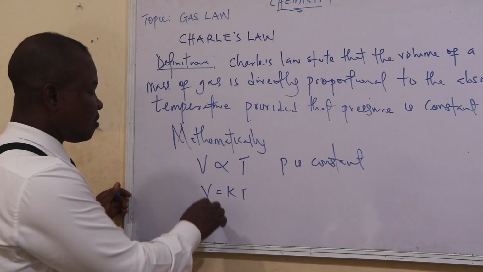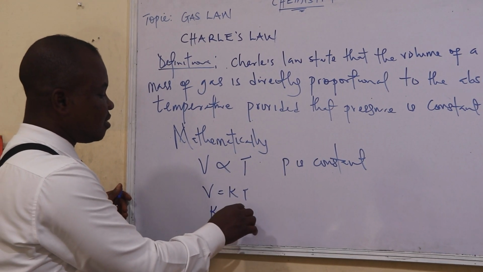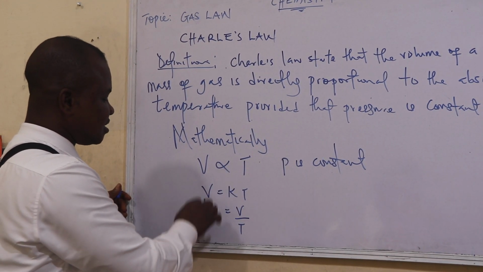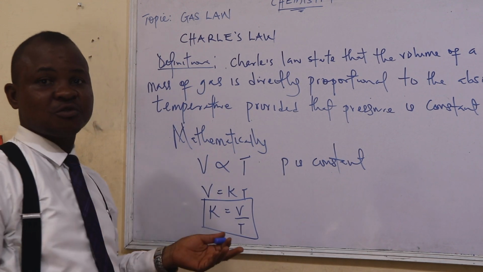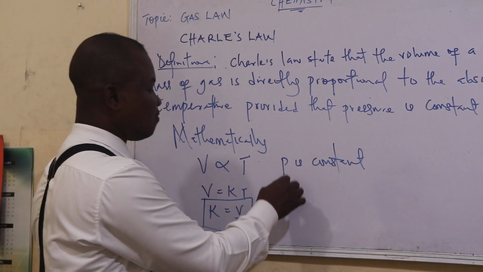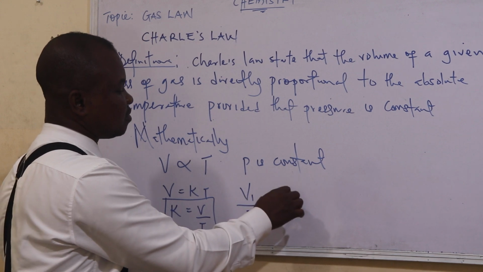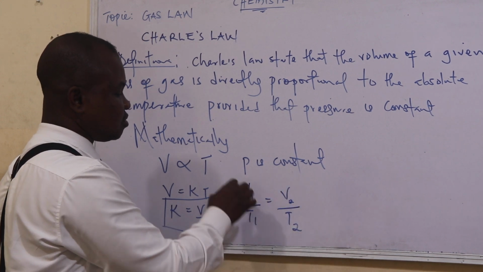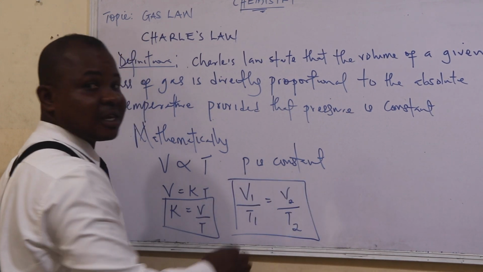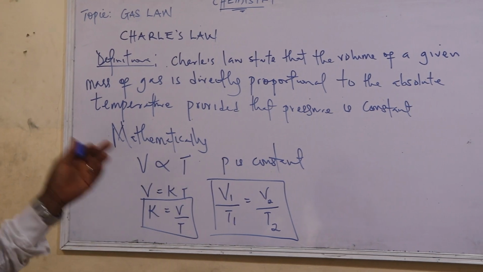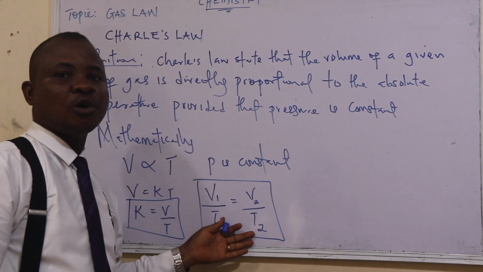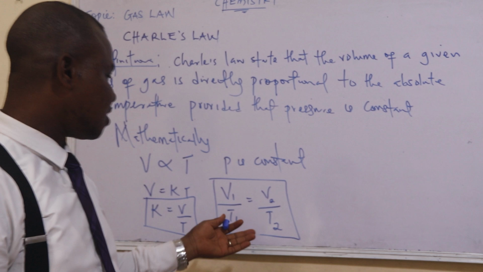When you make K the subject of the formula, you have V over T. Now, when you vary these two values, you're going to have what is called V1 over T1 equals V2 over T2, which becomes our Charles law formula.